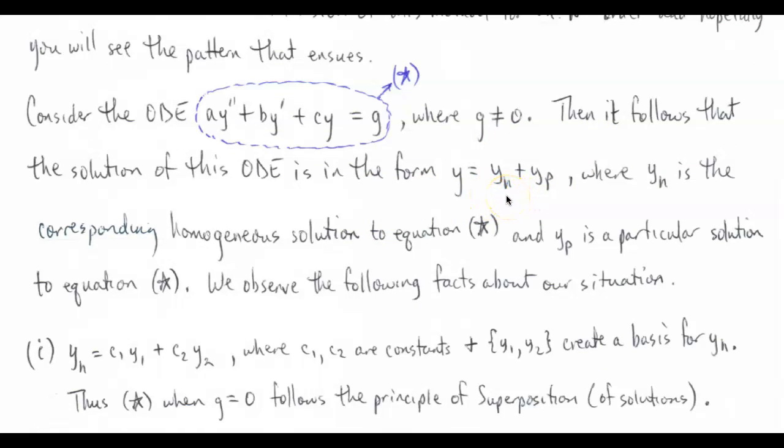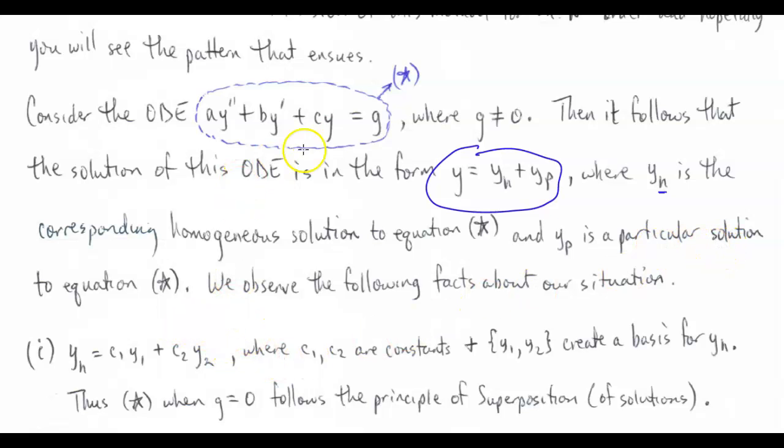If you're familiar with solving linear non-homogeneous equations using the method of undetermined coefficients, then you're already familiar with why I'm saying this. We know that y sub h is the corresponding homogeneous solution to this equation, basically this equation but equal to 0 instead of g, and y sub p is our particular solution.